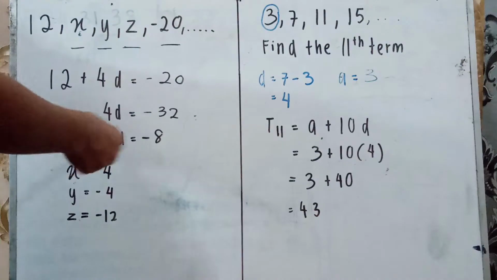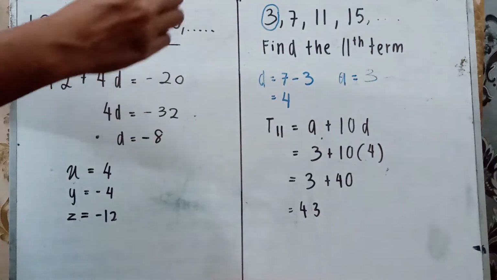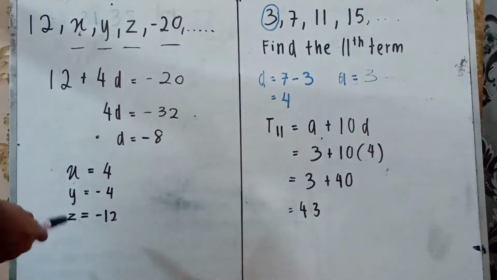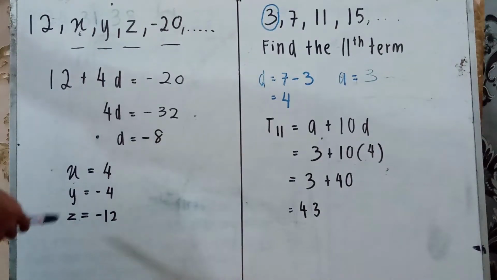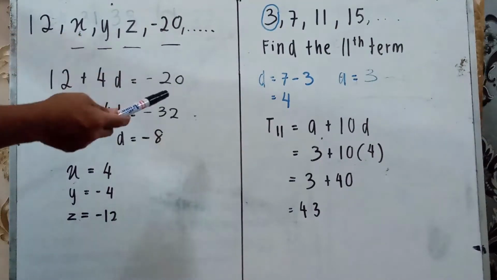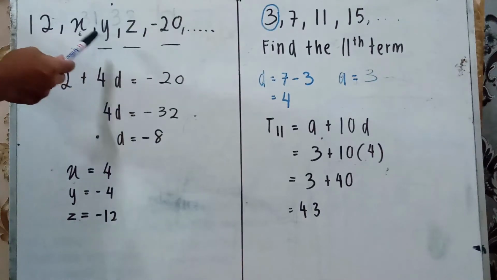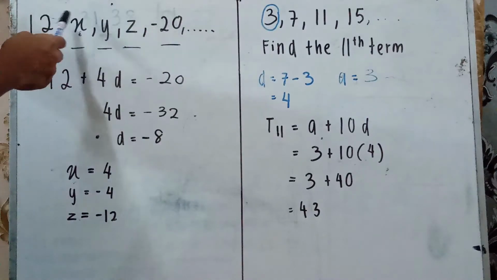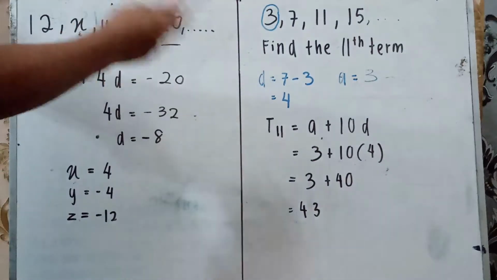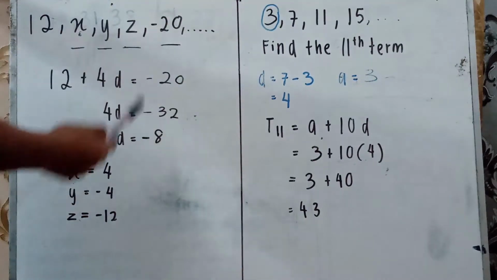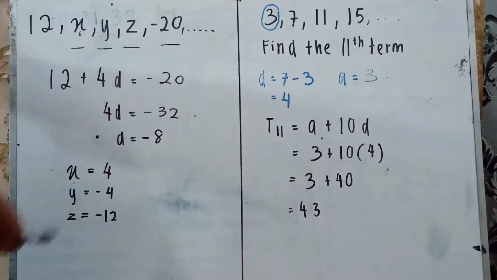You rearrange until you make d the subject, and after that you will get negative 8. So how do we get x, y, z? You just need to add the number before to get the number after. 12 plus negative 8, you will get 4.